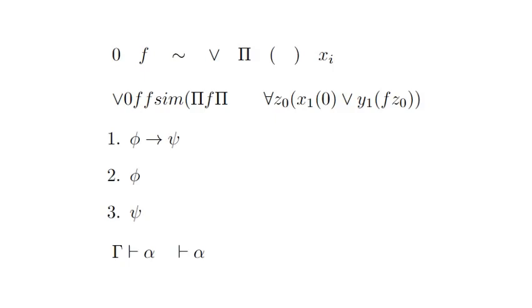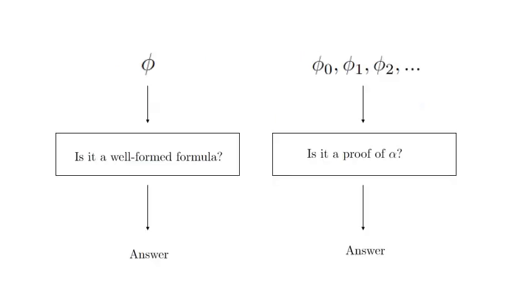There's something very nice about logical systems, and is that there are algorithms that will let you decide these properties always in a finite number of steps. So, if you are given a formula and you want to see if it's a well-formed formula, you just have to run the algorithm, and always after a finite number of steps, you will know if it's a well-formed formula or not.